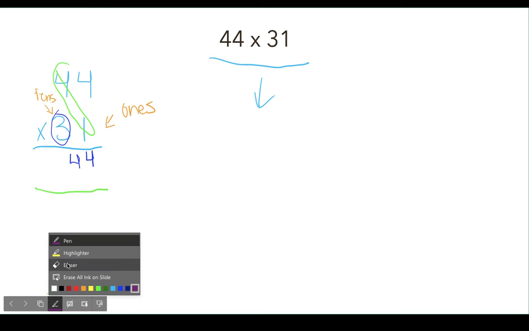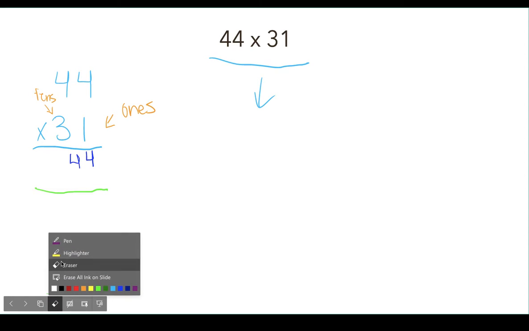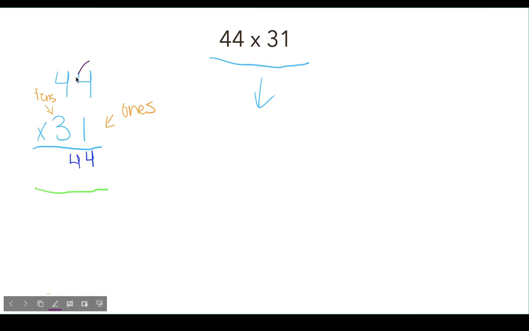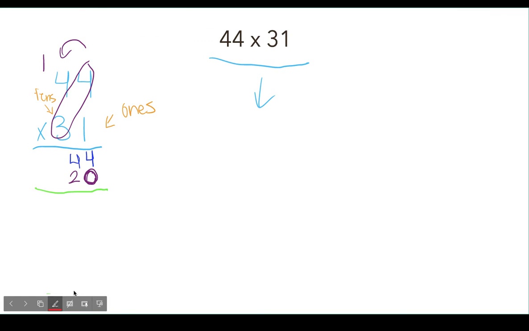So let's solve. I'm going to quickly erase this. 4 times 3 is 12. So first we're going to write our 0 there, and then we're going to put 2 from the 12, and then let's carry the 1.